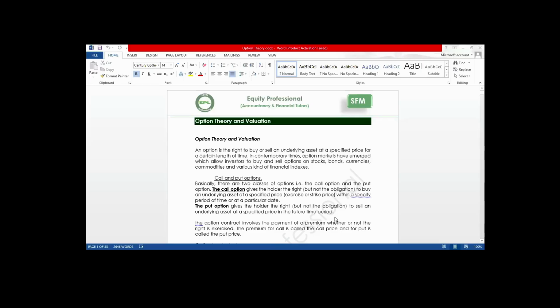We have explained the concept, option markets, a financial market where investors can buy or sell options.